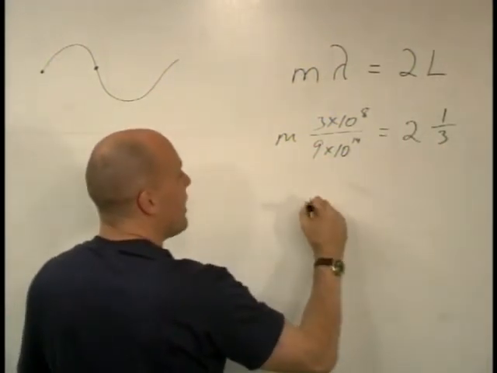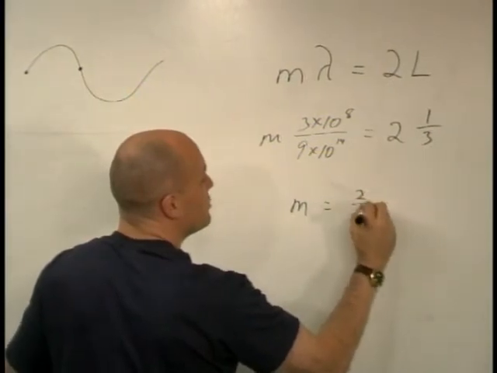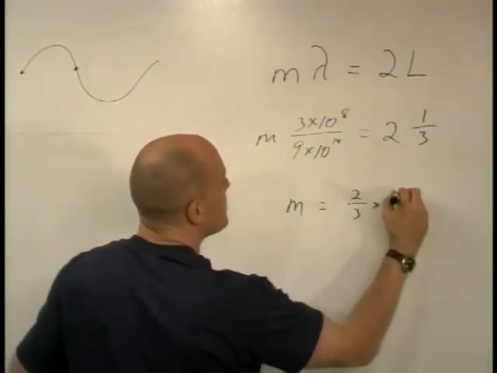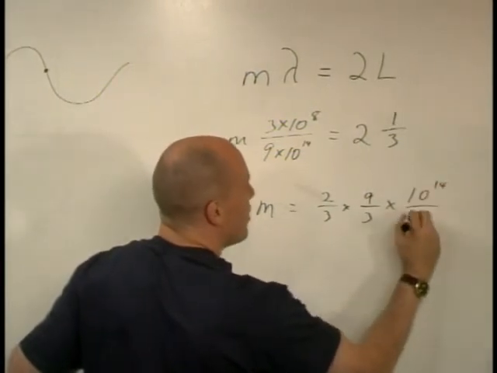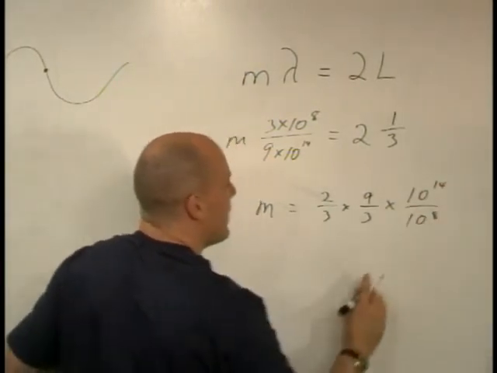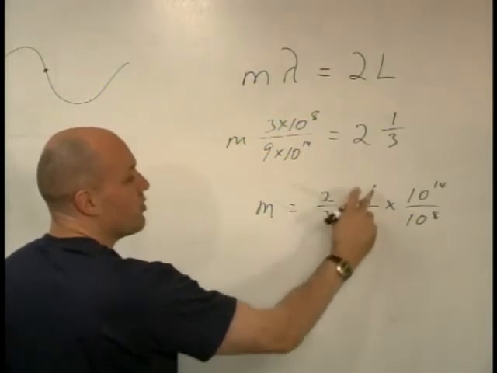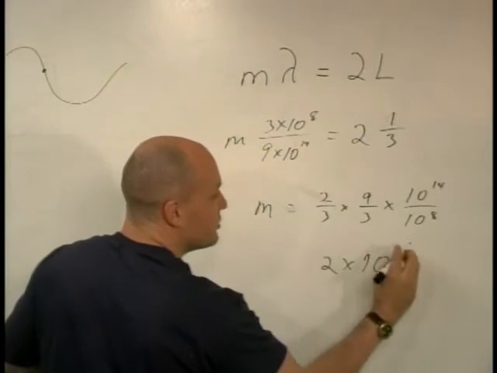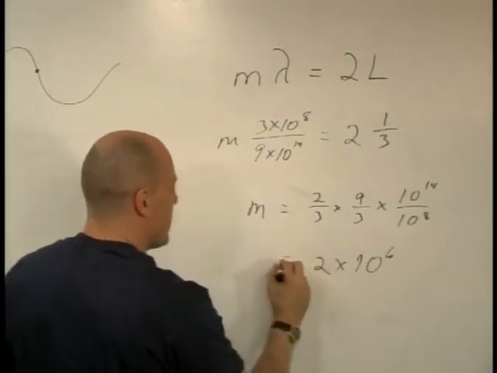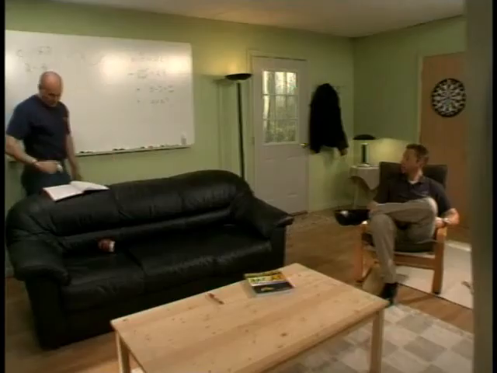So we end up with M equals 2/3 times 9/3 times 10⁻⁴ over 10⁸. Okay, so 9 over 9 cancels. We have 2 times 10⁶. That would be answer B.